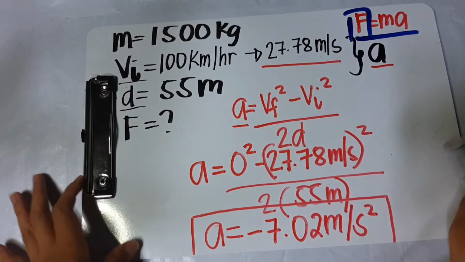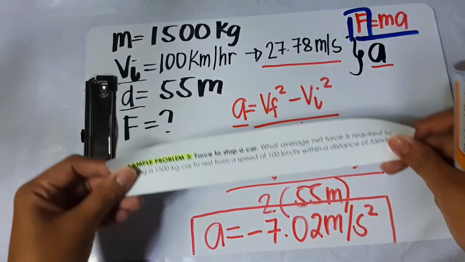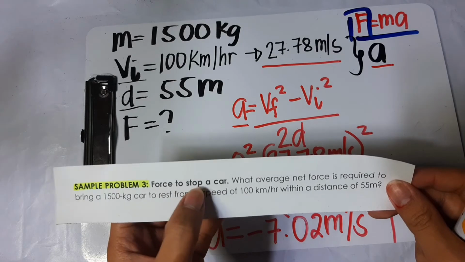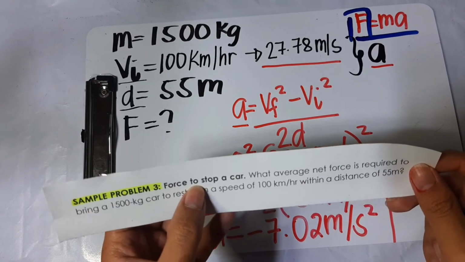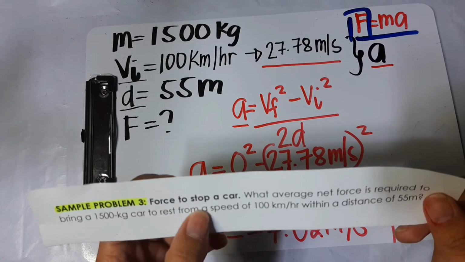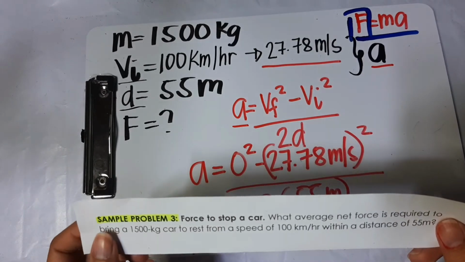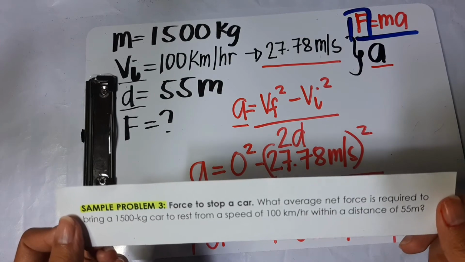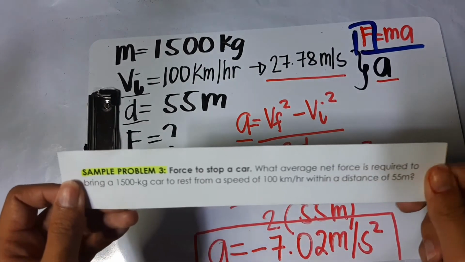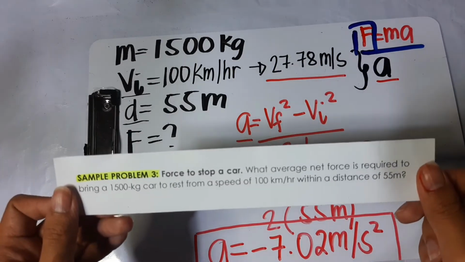Okay, going back to the problem, the title of the problem is force to stop a car. That means the car will experience what we call deceleration. If we have the word acceleration, then we also have the word deceleration.